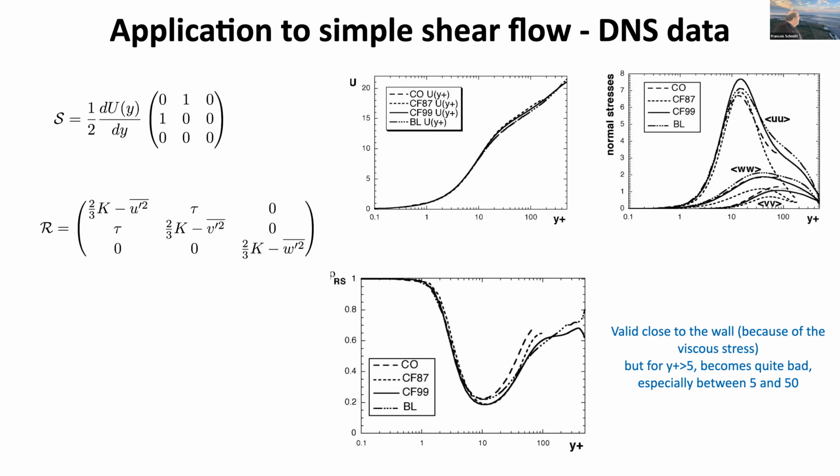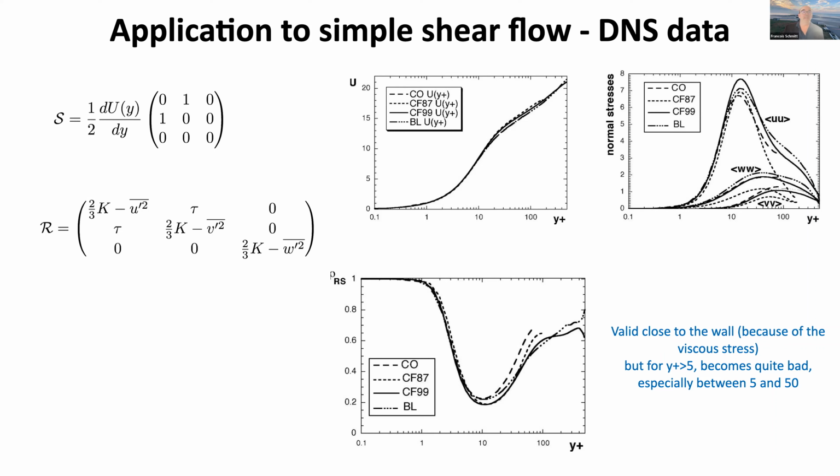The two tensors are shown here, and we can see directly that for the R tensor to be proportional to the other one, we need the diagonal to be 0, meaning we need some isotropy in the normal stresses. On the right panel, shown for different DNS databases, we can see that they all show that it's not isotropic. The U square, V square, and W square do not show the same values.